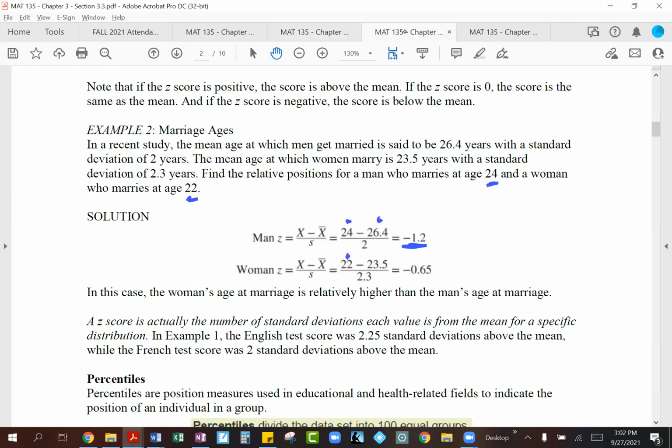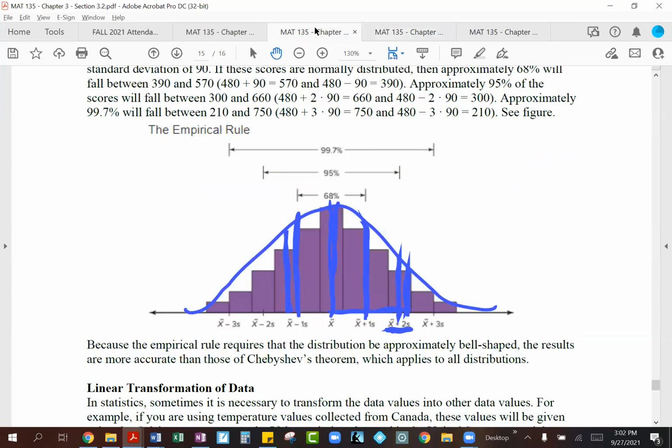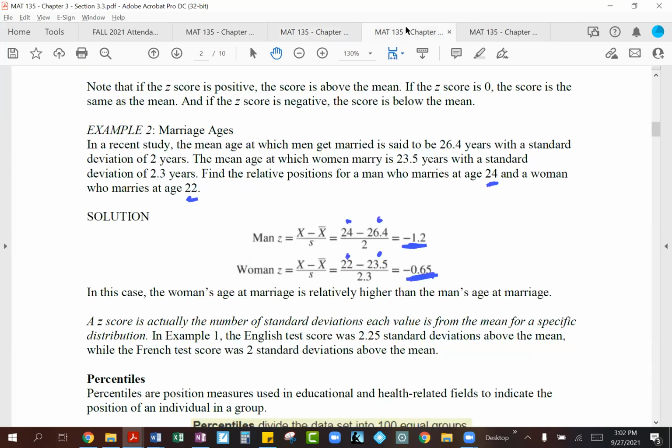The mean age for them is 23.5. So once you do this calculation, again, you'll see 22 is a number smaller than 23.5. So again, you are going to get a negative answer. So that means her position is relatively at negative 0.65. So more than halfway, but still less than 1. So, somewhere over here, negative 0.65 is where the woman's age who marries at 22 falls.